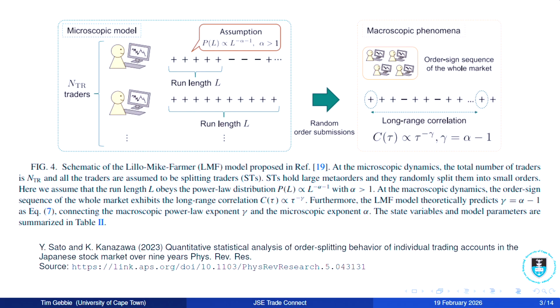The theory is essentially that if you know the distribution of all the meta orders, given by some parameter, the form is not important, you can completely explain the memory in the order flow.